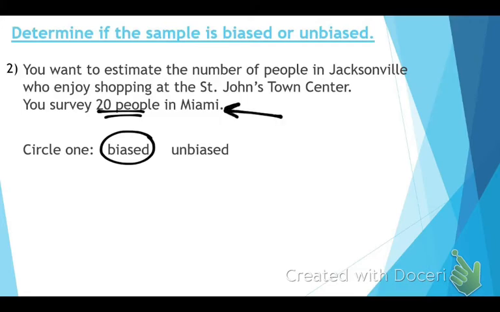Guys, do you think the people in Miami have been to Jacksonville to shop at our St. John's Town Center? Maybe, but probably not. Okay, so this does not seem to make sense, which means this would be a biased opinion. The people in Miami are probably all going to say, meh, no, I don't really like shopping there because I don't shop there, okay? So this would be a biased opinion. It's only focusing on the people in Miami.